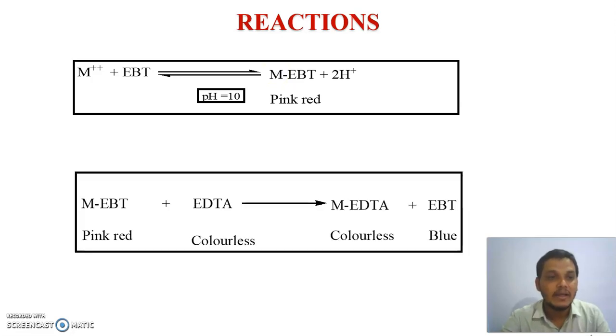Then this metal EBT complex you titrate with what? Standard EDTA solution, and then there is a formation of metal EDTA complex, right. So a water soluble colored complex, metal EDTA, is formed, and the endpoint is due to what? The indicator, blue color, that is EBT. So this is the reaction part.